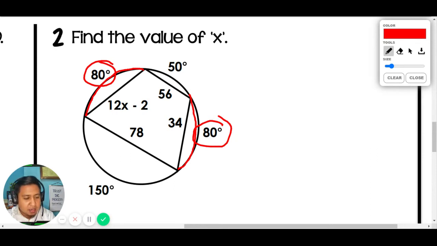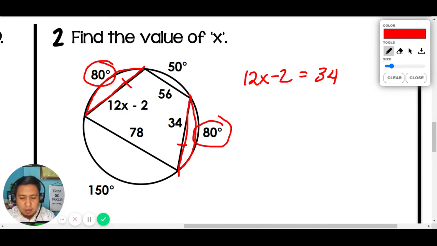That being said, if we apply the theorem about arcs and chords, that in a circle, two minor arcs are congruent if and only if their corresponding chords are congruent, we can say that this chord here and here are also congruent. So that would be 12x minus 2, that is this chord, is equal to 34.